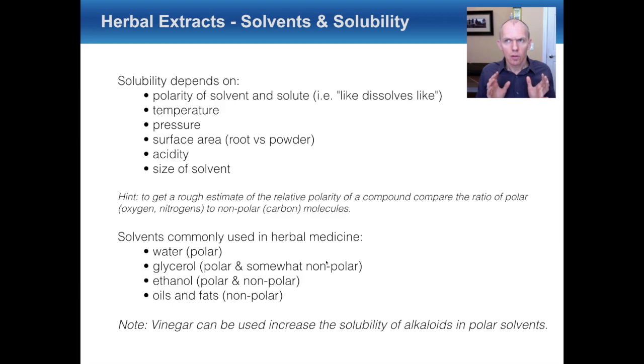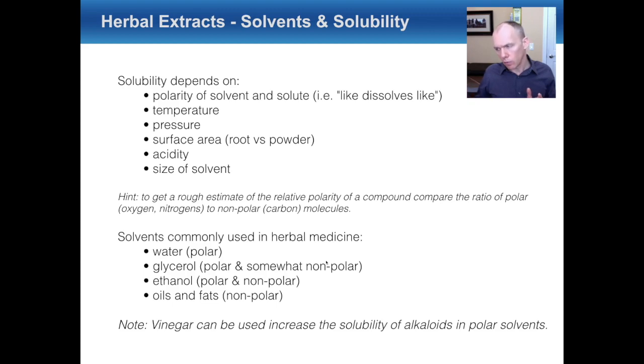So when it comes to figuring out how polar the compound is that you want to extract, there's not an easy way to do this that's exact, okay? But there's a really easy way to do it just by eyeballing it. What makes something polar is how many oxygens are on it.